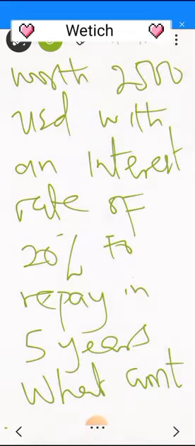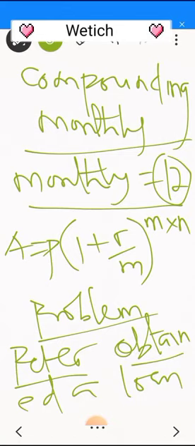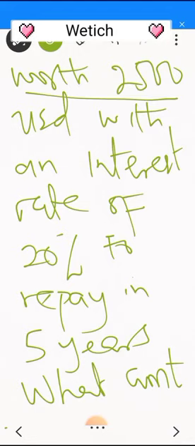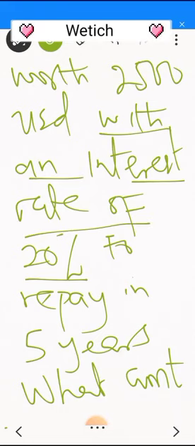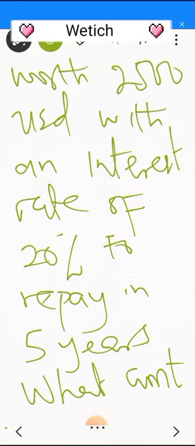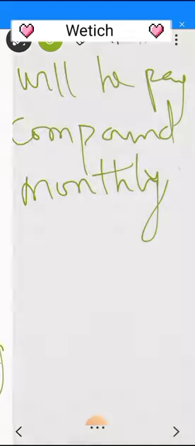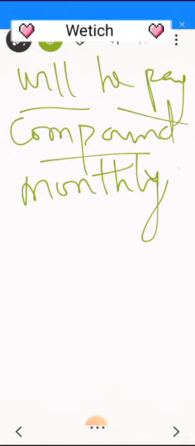Peter obtained a loan worth $2,500 with an interest rate of 20% to repay in 5 years. Now, what amount will he pay compounded monthly? So what amount will he pay in 5 years' time?